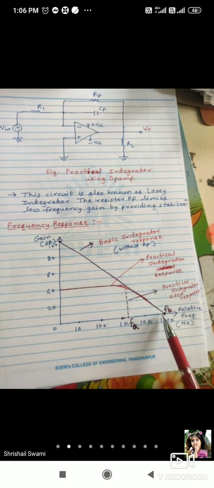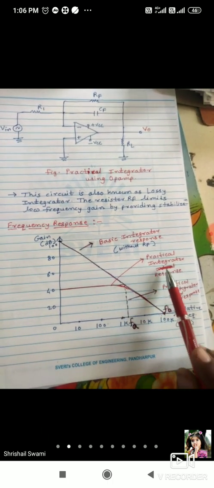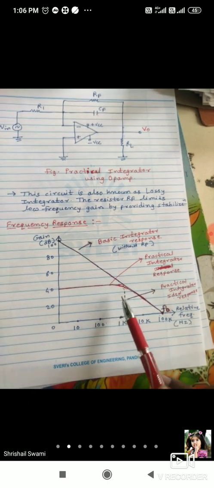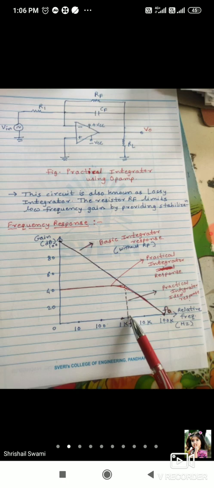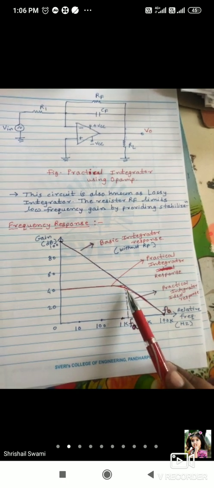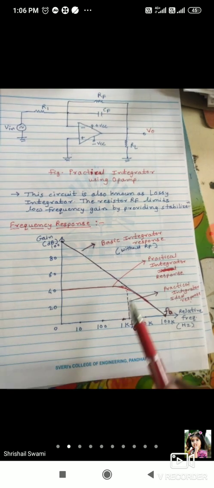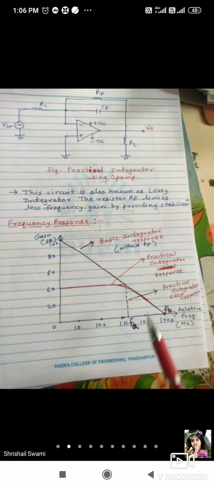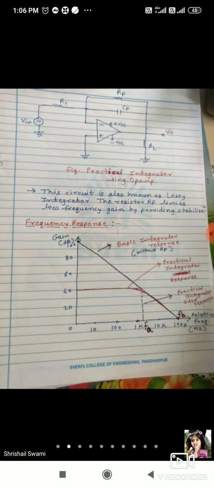That is the practical integrator original response. And the practical integrator ideal response is shown by this dotted line, where the gain is suddenly reduced to 0 dB. All three responses are shown in one figure. So this is the frequency response we have understood now.